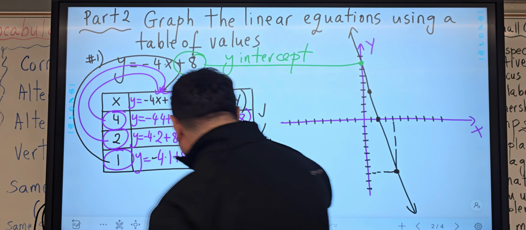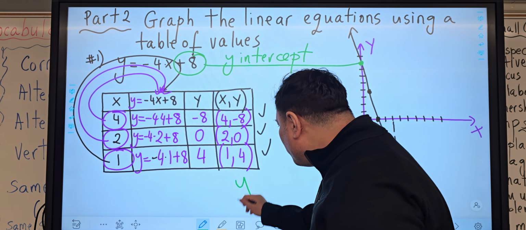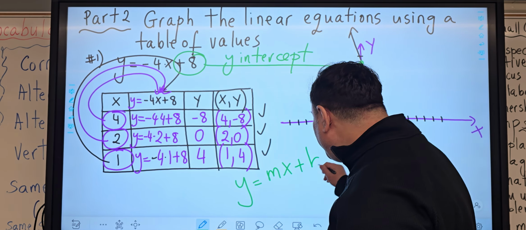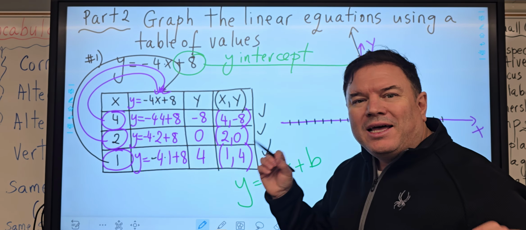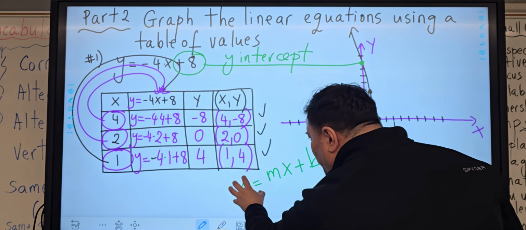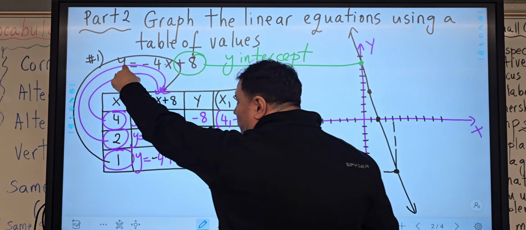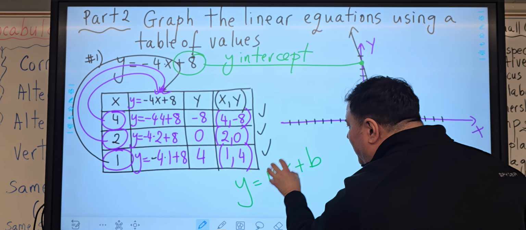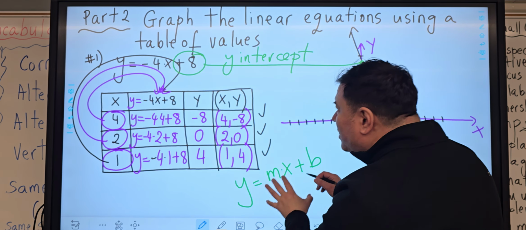And please remember, if we get the equation into this form, y equals mx plus b, this is the y-intercept form, okay? We have to get the y by itself, like in this equation, y is already by itself. And then the number in front of x is actually our slope.